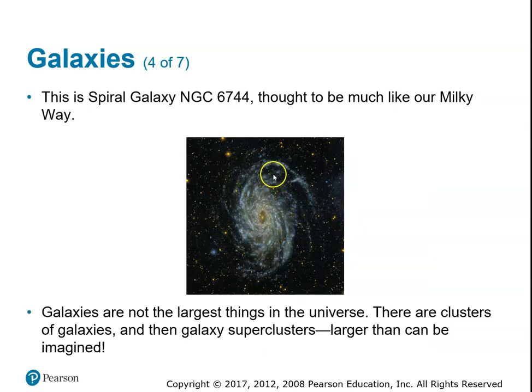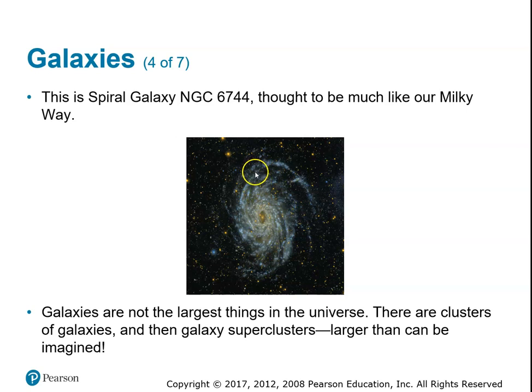This is a spiral galaxy. You can't really see the Milky Way like this, because the diameter of the Milky Way is about 100,000 light years. So the size of the Milky Way is roughly 100,000 light years across.